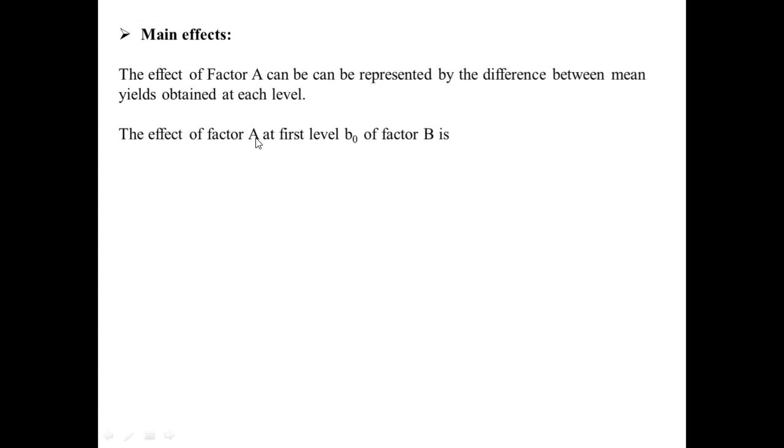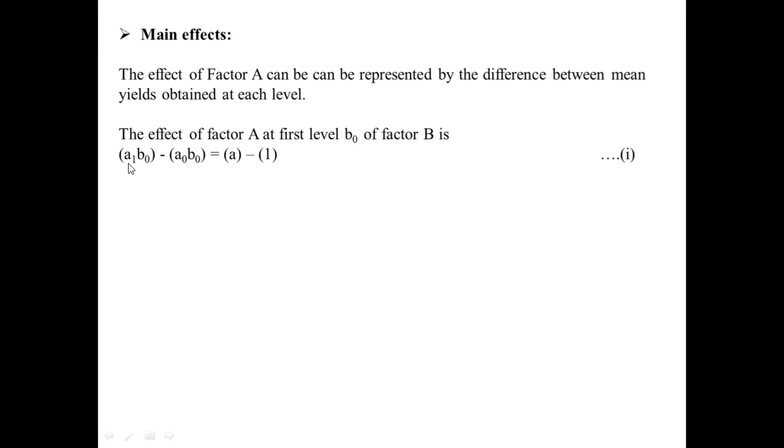So first we will find the effect of factor A at the first level, B naught, of factor B. How do we get this effect of factor A? Here we consider factor B at level 1.